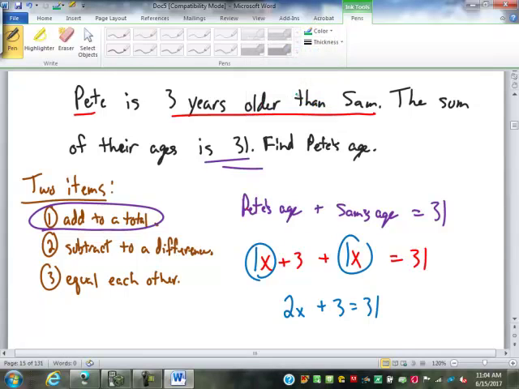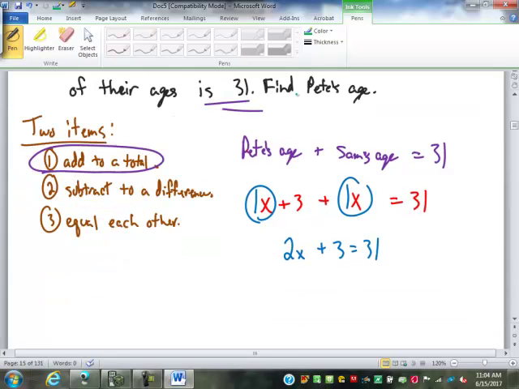What's our next step? Subtract the 3. Good. So 2x equals 28. And then? Divide by 2. X equals 14. So we got 14. We go on our happy way. We're all done, right?